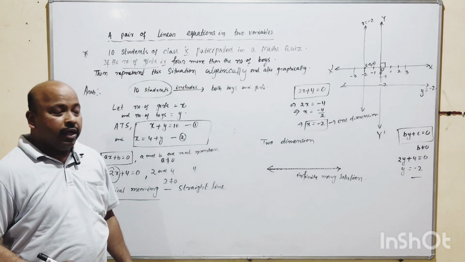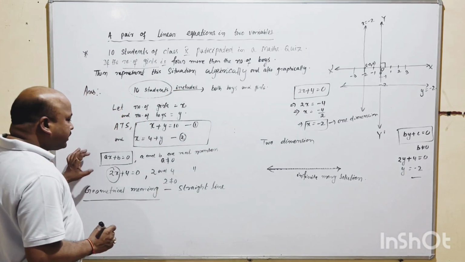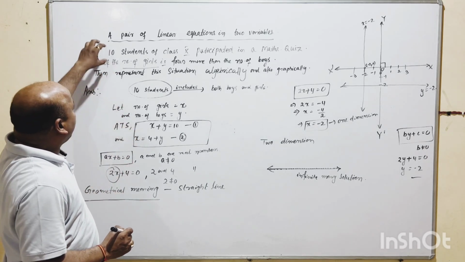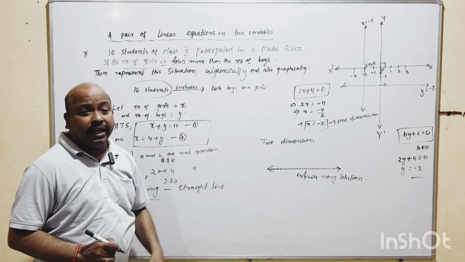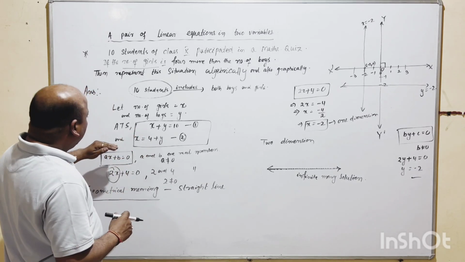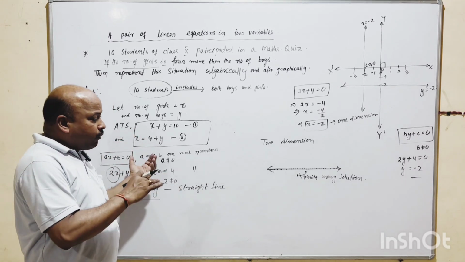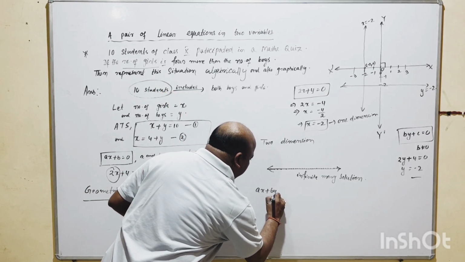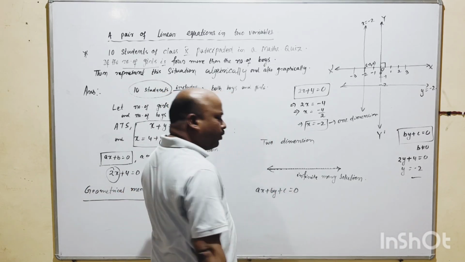Now we have discussed only a linear equation in one variable, but our topic is a pair of linear equations in two variables. When we include another variable in this equation, it becomes ax plus by plus c equal to 0.